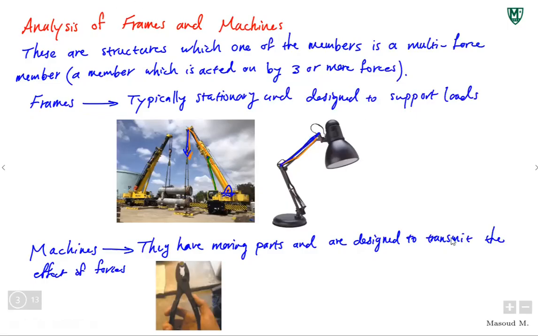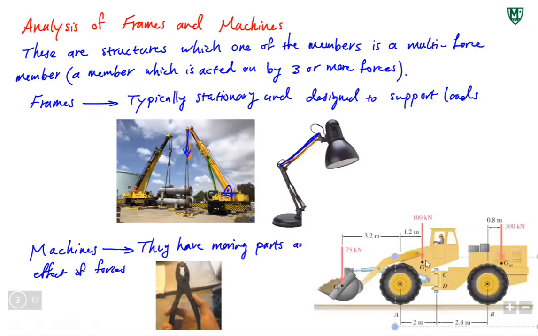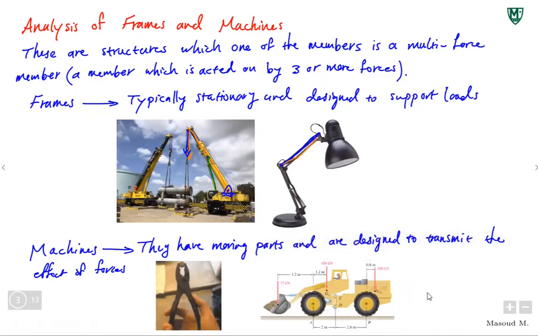What else? Let me see if I have more stuff. Look at this one. Yeah, it's a bulldozer or any kind of machine that you use. A lot of construction machines are also machines. Some dimensions there, you can just ignore that. But they have moving parts, and there are members that are multi-force.